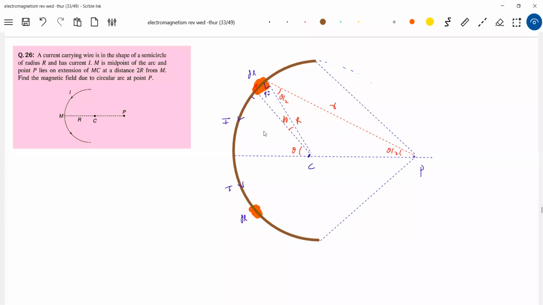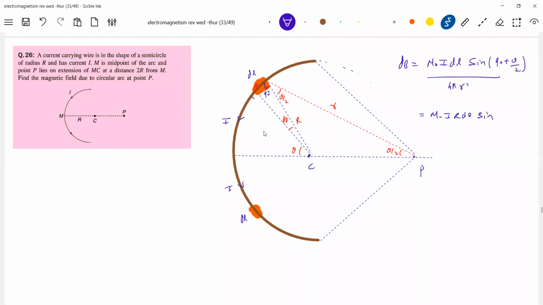So let's write the dB at this particular point. dB equal to mu naught I dl, angle between them sine of 90 plus theta by 2, over 4 pi r square. What is small r? Small r will be 2R cos theta by 2. Now what is dl? dl should be R d theta. This is dB dash, we'll write.